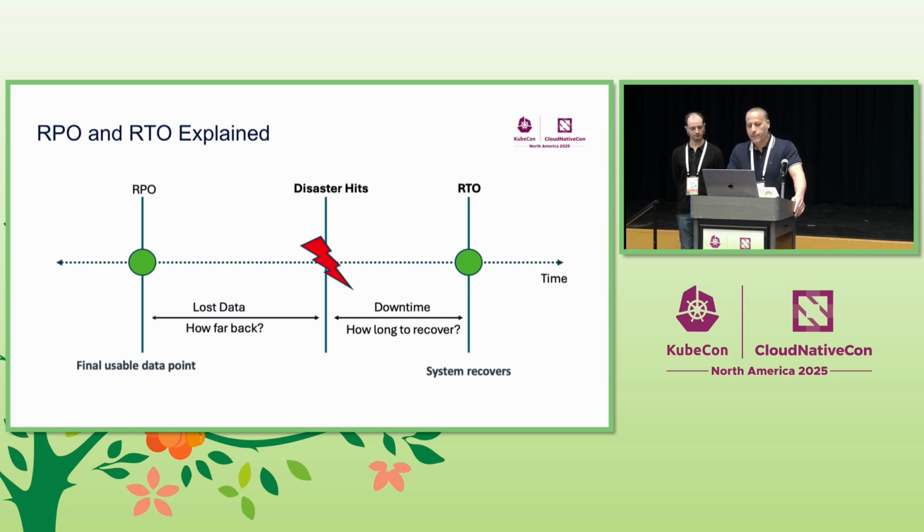So for example, if the last time the sync occurred was at 10 a.m. and disaster happens at 10:03, then those 3 minutes are your RPO. That's how much data, in time, is potentially lost. For the RTO, if the application starts running after the disaster at 10:05, then from 10:03 to 10:05, those 2 minutes are the time the application was down since disaster hit.